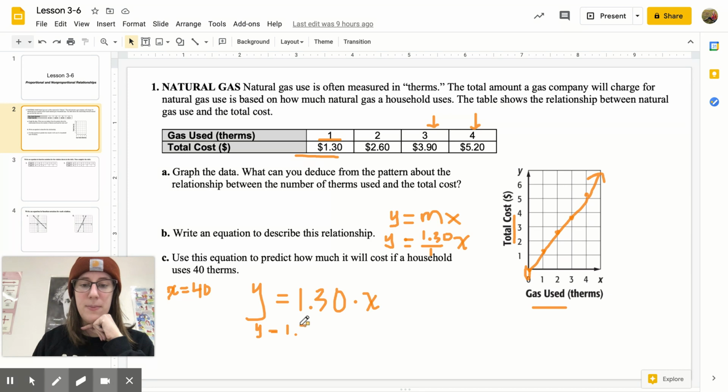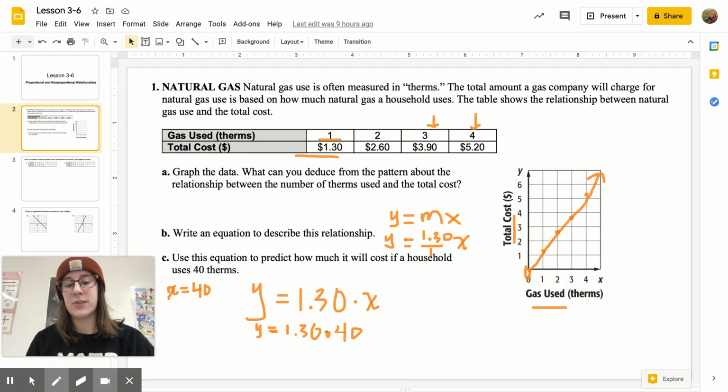This one might be a calculator kind of problem. If you want to do this by hand, you are more than welcome to. I am not, because it is the evening and I do not trust myself. But if you want to, that is more than all right. So you do 130 in your calculator times 40, or do it in your head, and it is $520.